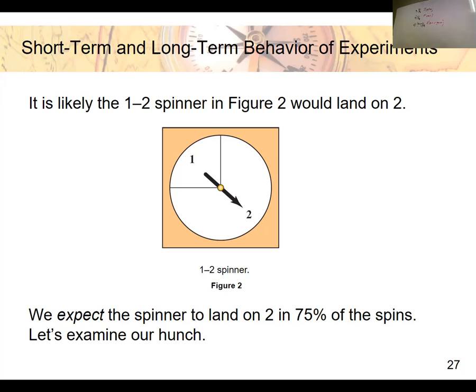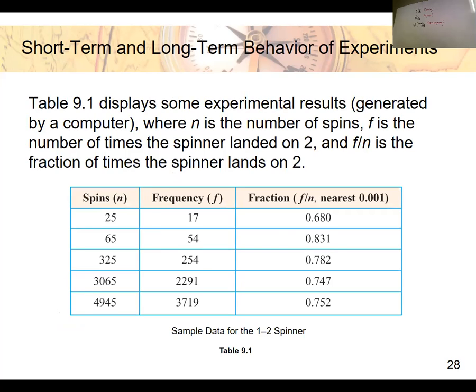Now, on the next slide you're going to see this table that displays some experimental results generated by a computer, where N is the number of spins, F is the number of times the spinner lands on 2. And F divided by N is the fraction of times the spinner lands on 2. This is the fractional part to the nearest thousandth.